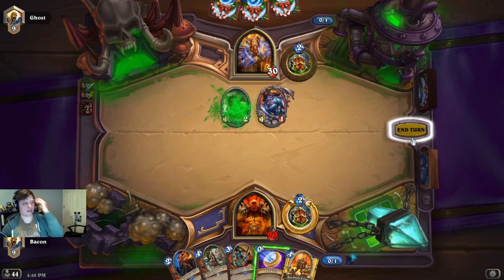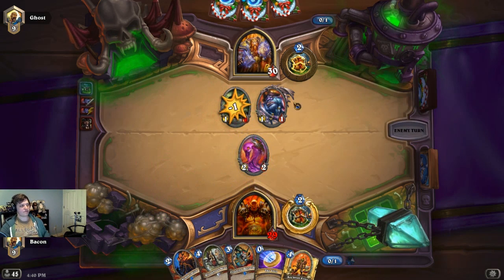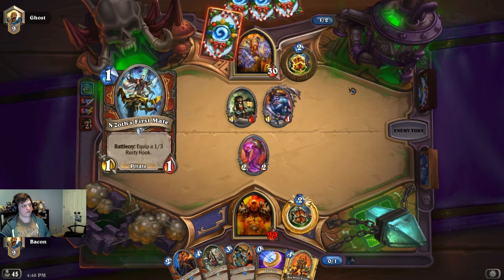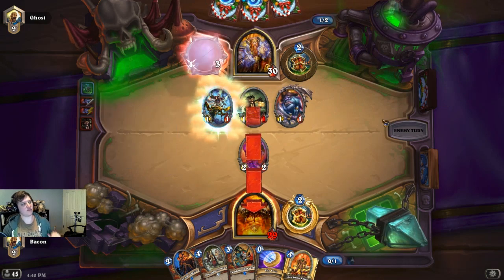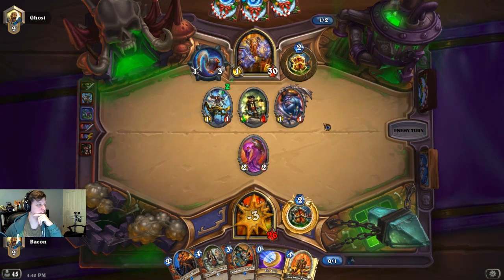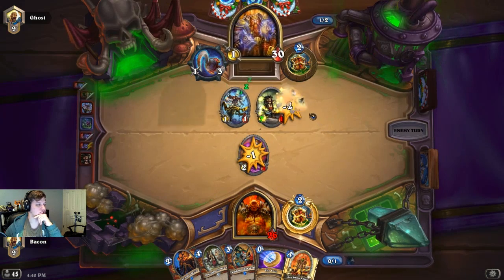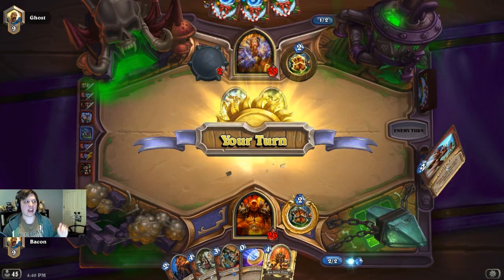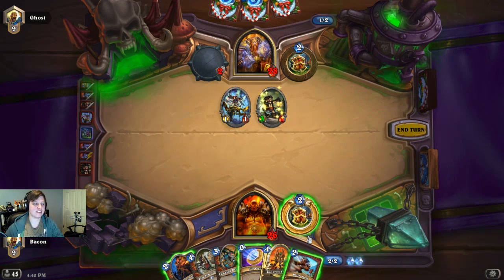And let's see what they have. Fly, Polly. Okay, so it was a Nizas First Mate, and they're going face with that. Okay, so that's another piece of information. If they had a Fiery War Axe, they probably would have played that instead, right?